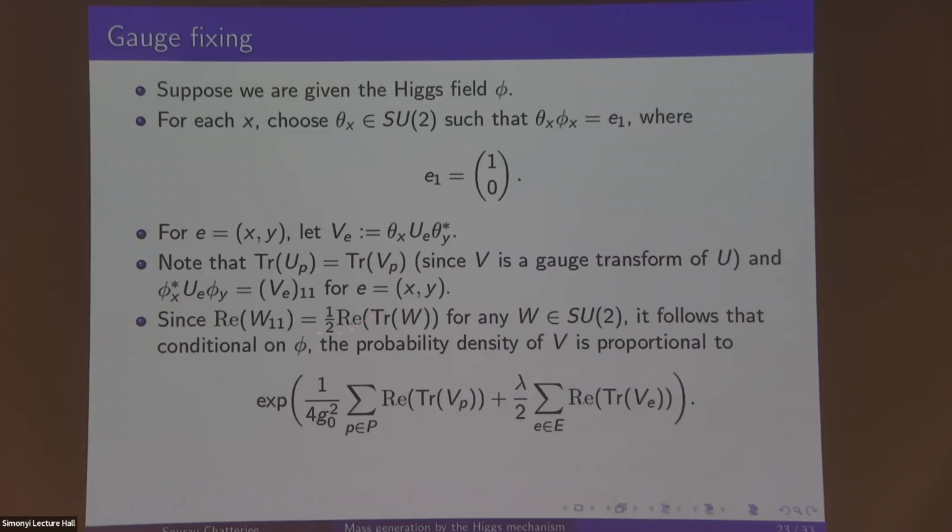Here it is. You can reach up to here, but this is the special thing about SU(2): the real part of the (1,1) entry is the real part of the trace. So if the (1,1) entry is close to 1, the whole thing is close to the identity. That's not true for a general SU(N).